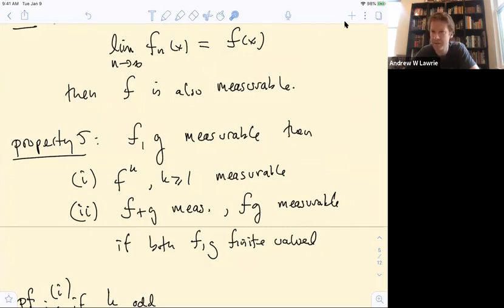Well, you take some sup over rational powers, where you approximate the real number from below by rationals. And those types of operations are fine when it comes to measurability, right? You can take a union over rationals of certain sets. So that sounds okay.